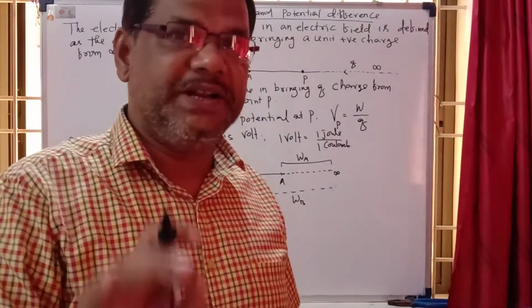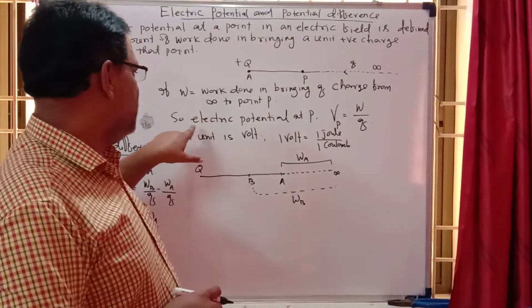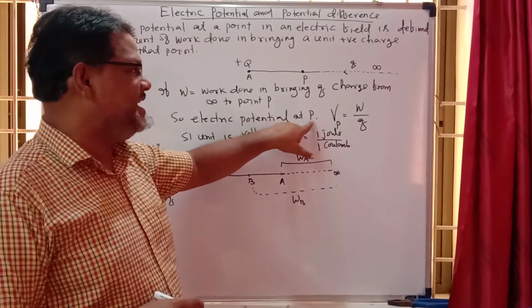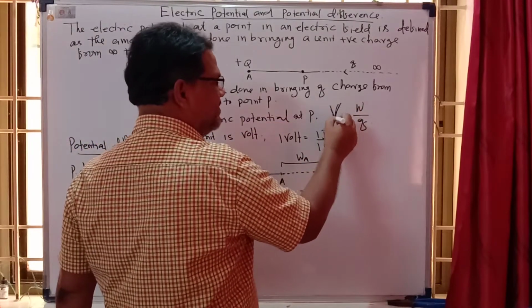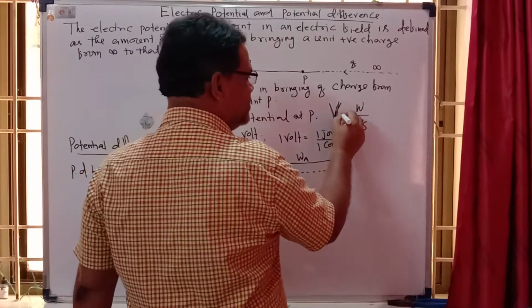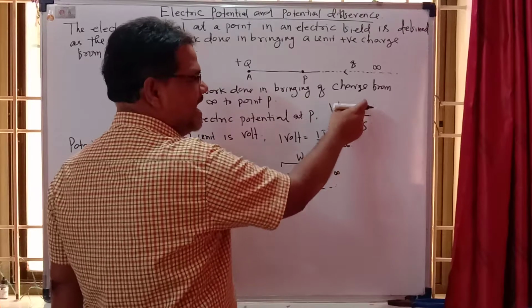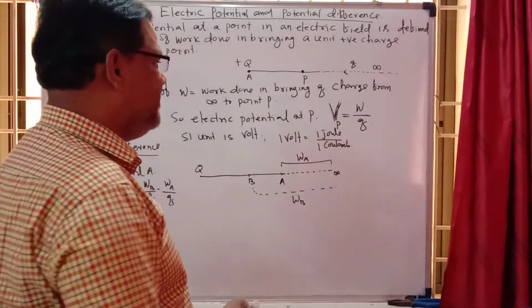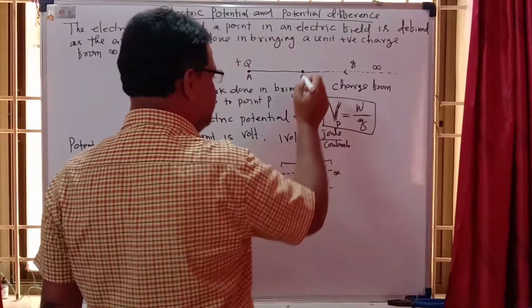That work done per unit charge is termed as the potential at that point. So the electric potential at point P is Vp. Potential is denoted by V, and V equals work done upon Q, because Q amount of charge is brought and W amount of work is done. So Vp equals W upon Q. This is the potential at point P.